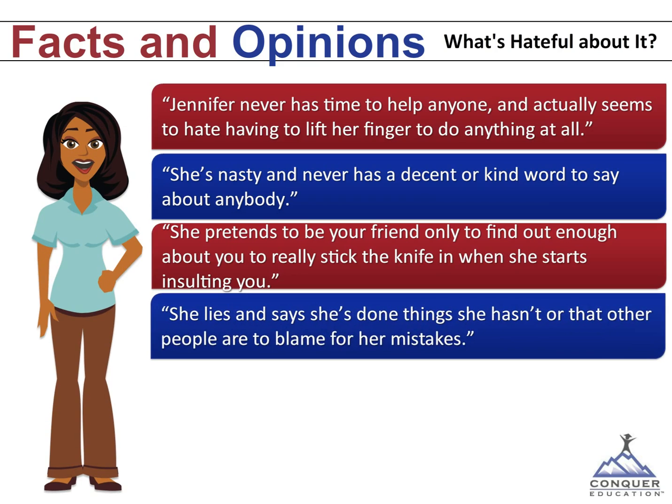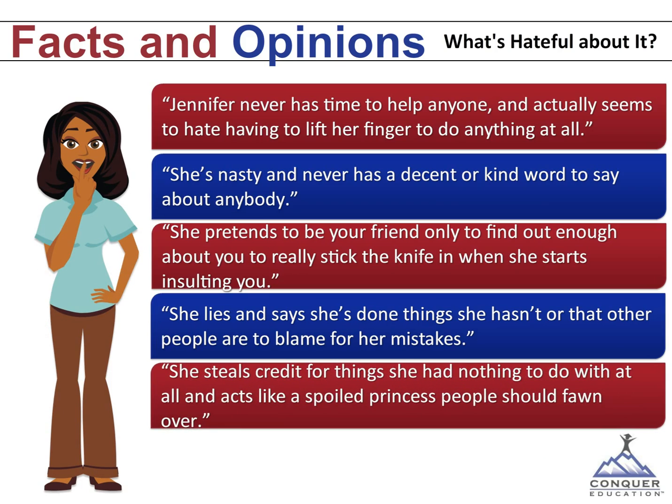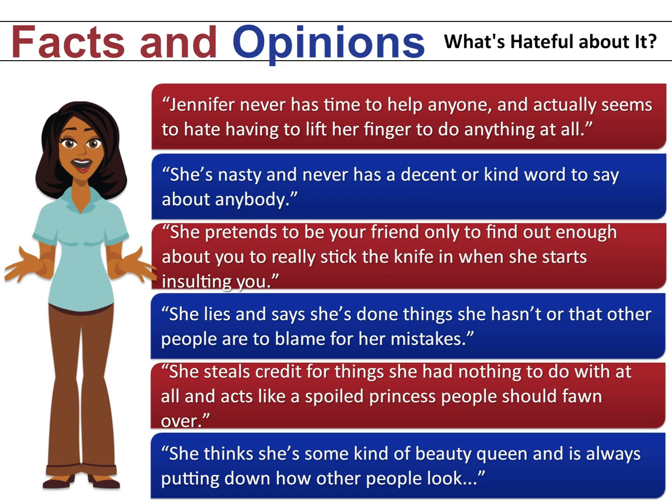She lies and says she's done things she hasn't, or that other people are to blame for her mistakes. She steals credit for things she has nothing to do with at all and acts like a spoiled princess people should fawn over. She thinks she's some kind of beauty queen and is always putting down how other people look, making fun of their clothes, weight, and hair.